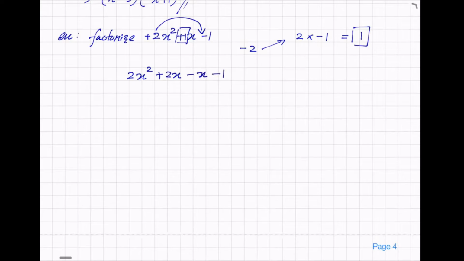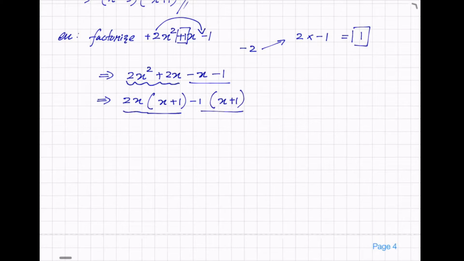Now if you look at this, 2x is common factor. When you take 2x out, you get x plus 1. Here minus 1 is common, so if you take minus 1, you get x plus 1. Now x plus 1 is common, so you take x plus 1 out, then you will get 2x minus 1 as the other term, and that would be the answer.